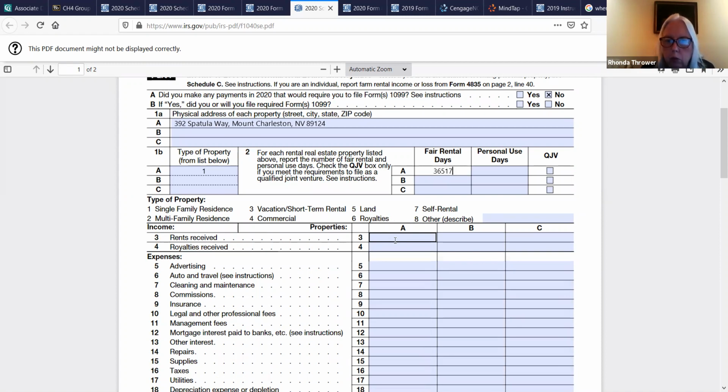Oops, excuse me, I'm on the wrong line there. 1,700 would go right here under line 3, rents received. And then we're going to list our expenses that were given to us in the problem. We had some advertising expense.